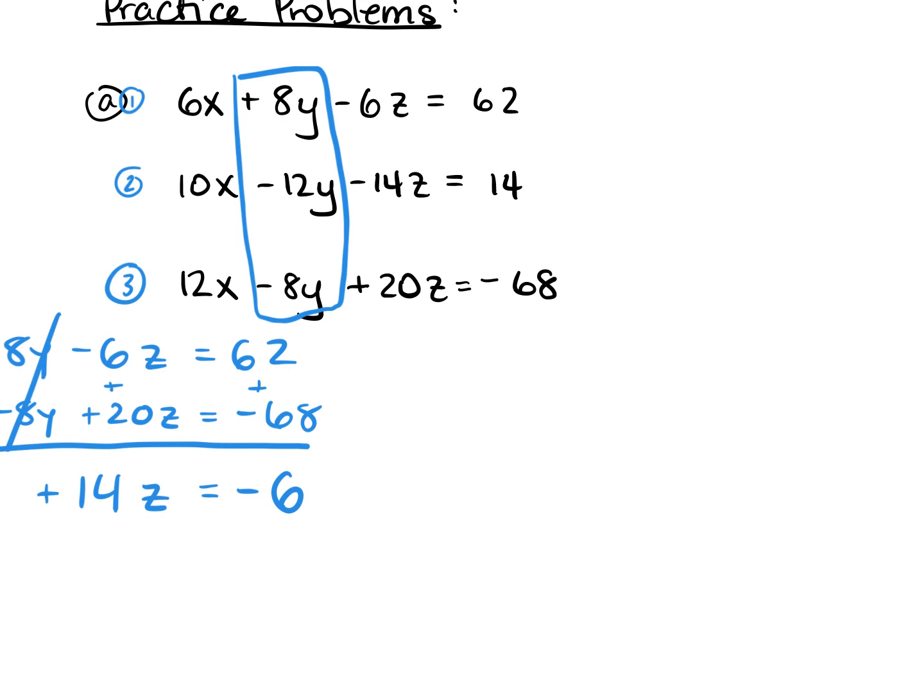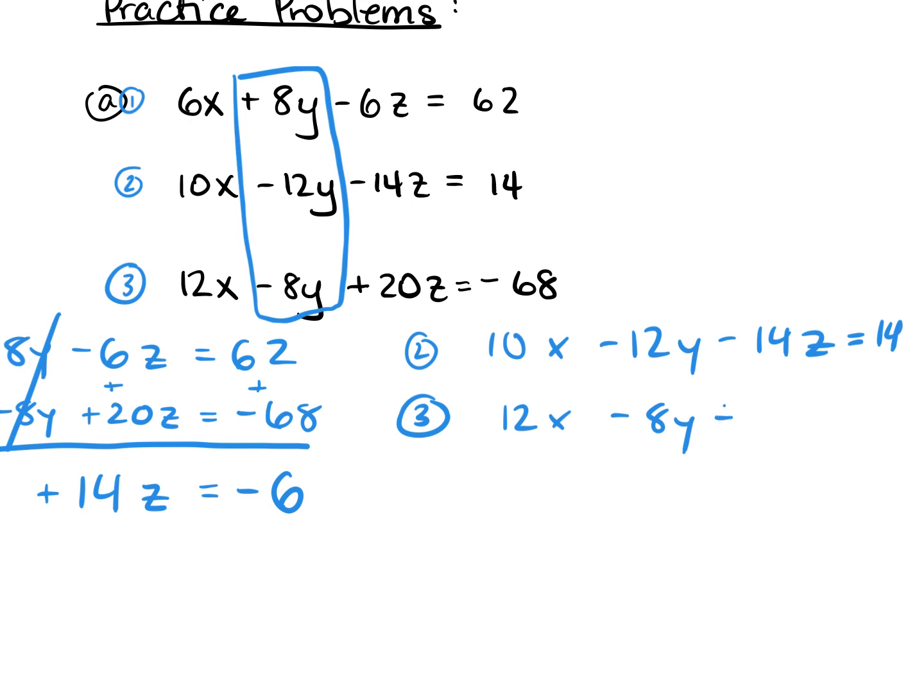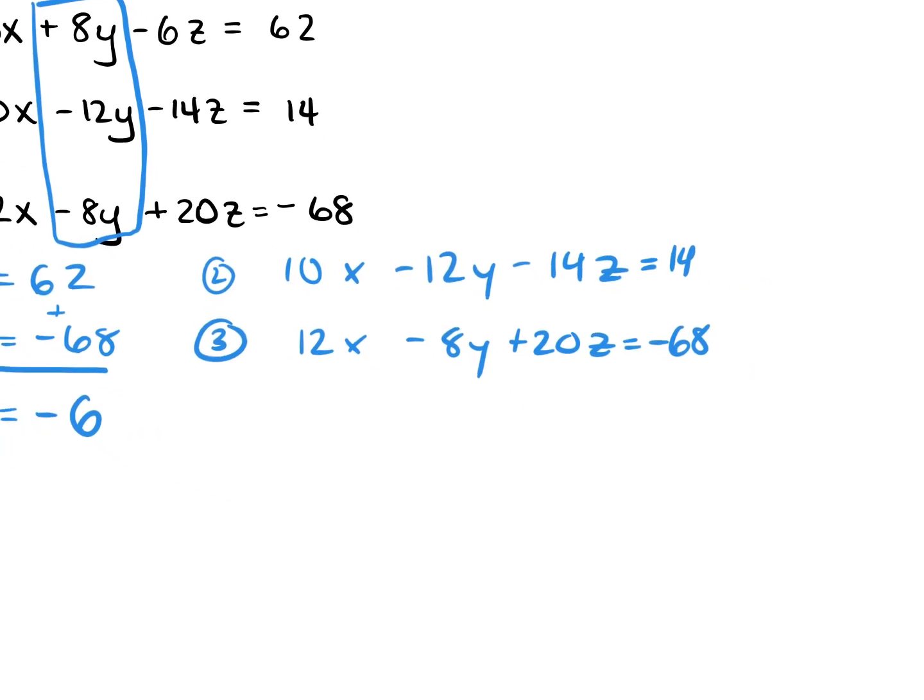Let's do 2 and 3. 2 is 10x minus 12y minus 14z is equal to 14. And 3 is 12x minus 8y plus 20z is equal to -68. We know we still have to eliminate the y's. What do you want to multiply to get our y's to eliminate?